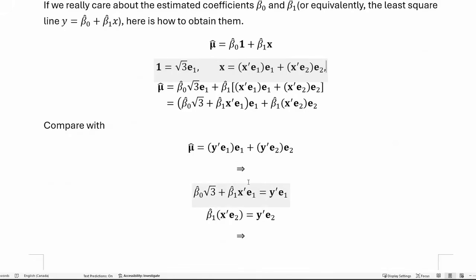That's our first equation. The second equation says beta 1 hat x prime E2 is equal to y prime E2. So beta 1 hat is y prime E2 over x prime E2, and beta naught hat is y prime E1 minus beta 1 hat x prime E1 over the square root of 3.